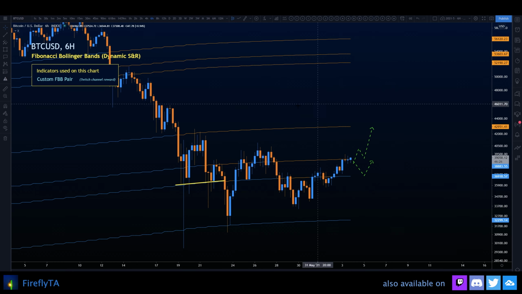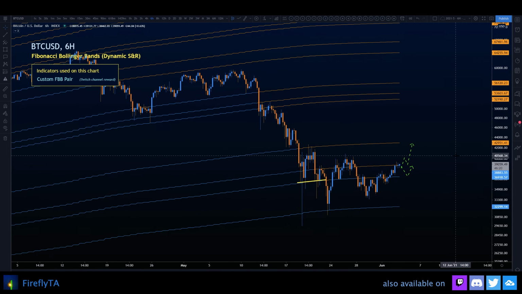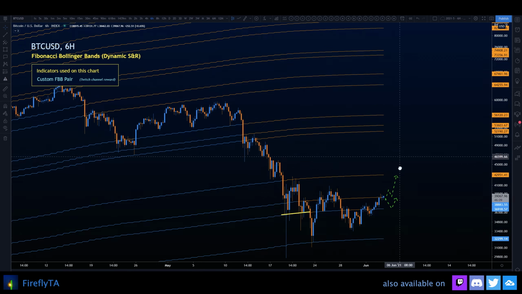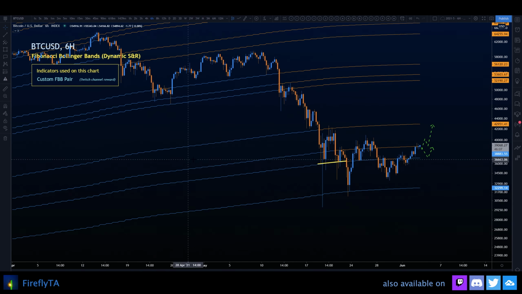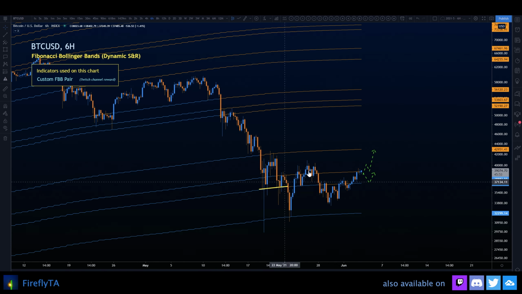So this is the Fibonacci Bollinger Band chart, and I make this a little bit easier to read here. These bands are strong support and resistance, but they are also representing market flow. As you can see, these are still going up. They are trying to go sideways now because this crash has led the market flow to go more sideways than up.